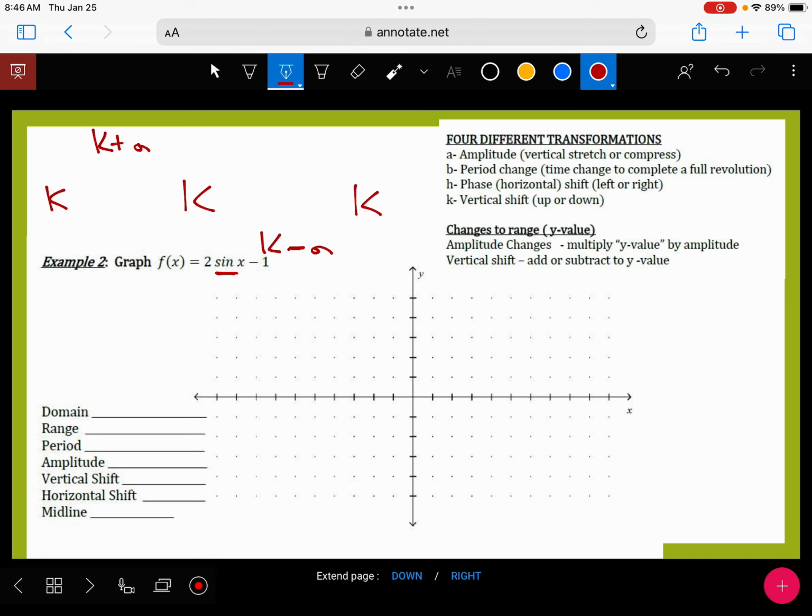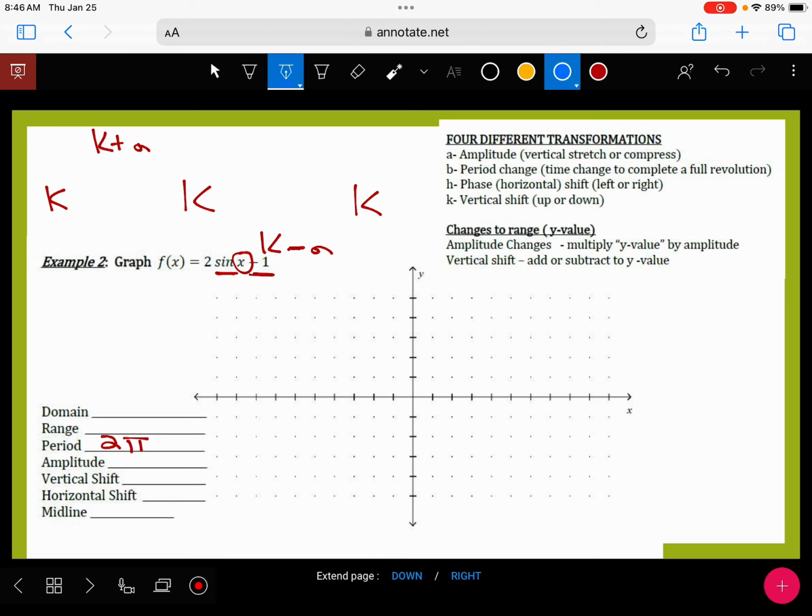Looking at the period, once again, there's no coefficient on our x. So the period isn't going to change. It's just going to be 2 pi. And looking at the vertical shift, it's -1.